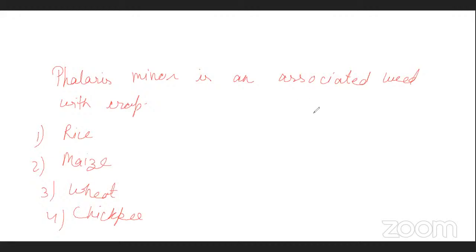Yeah, wheat. Someone has wheat. Okay, only two have given the right answer. And this question was also asked in the AFO 2015.